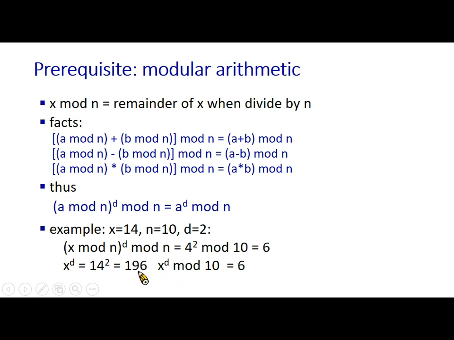If we take x mod 10, which is 4, then 4 squared is 16, and 16 mod 10 is also 6. So 14 squared mod 10 gives the same result, 6.